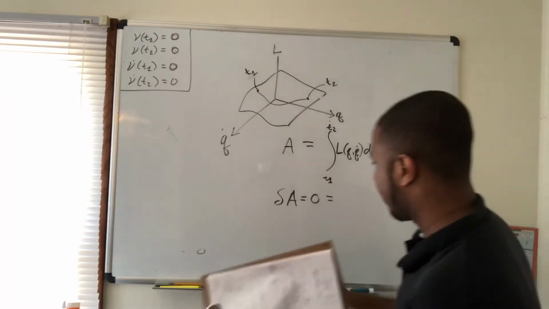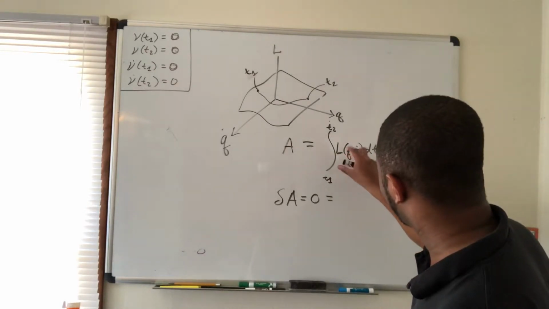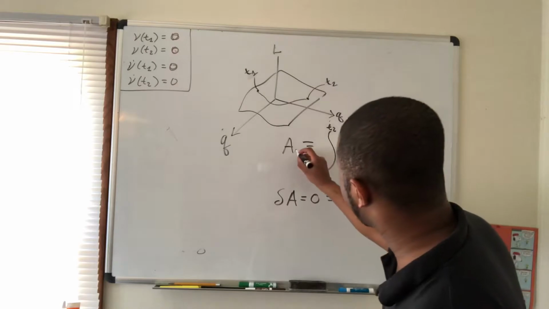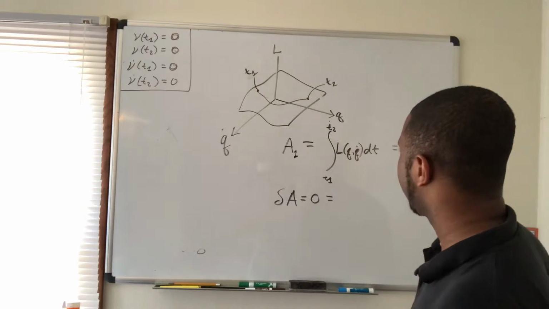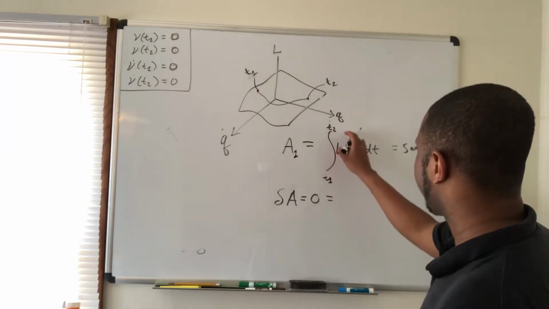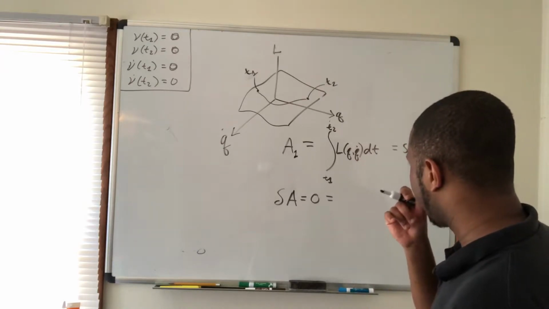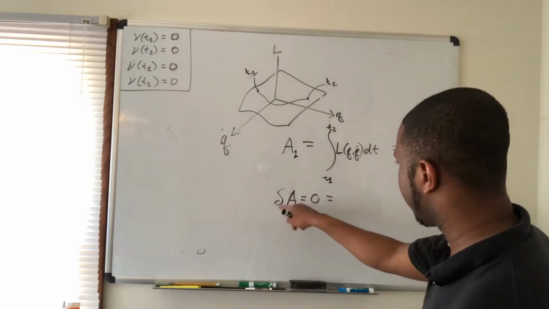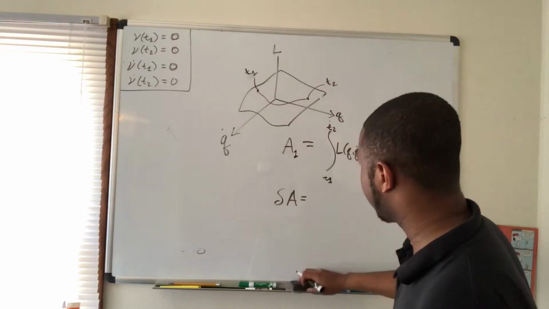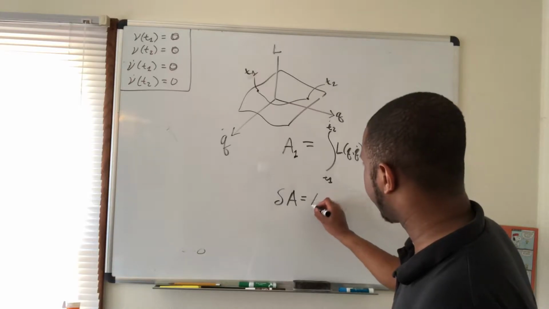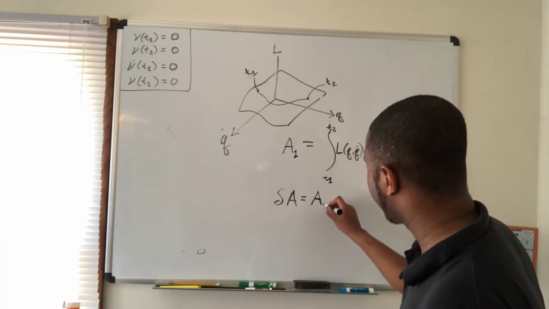Okay, so now we took this action. We'll call this action 1. This is some number, which you get from integrating this function, which we said is the stationary function. Now the very small change in the action, I'll call it A2.